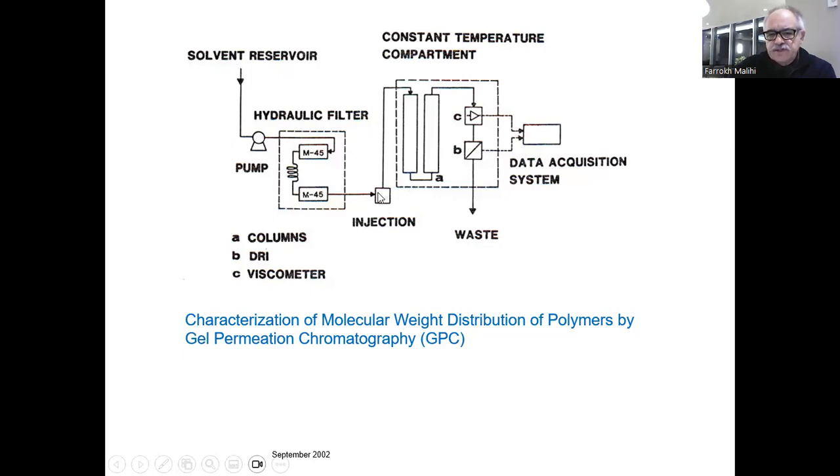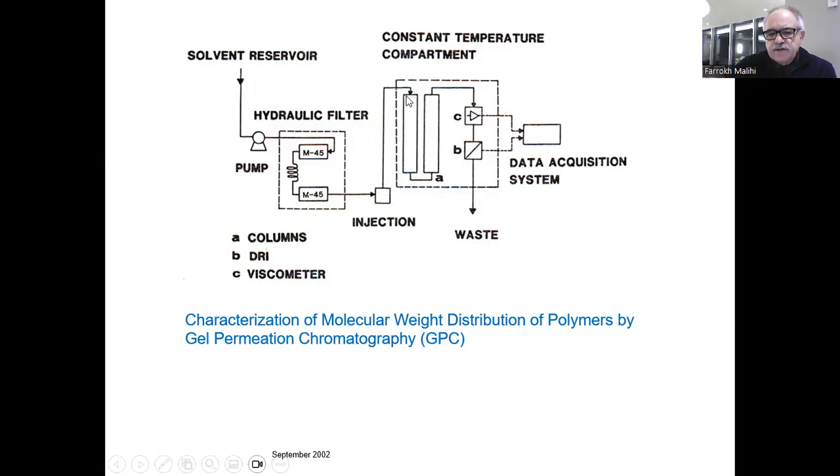There is an injection mechanism with which we can inject the sample to the column. Columns are packed with different kinds of packing materials, polystyrene, styrogel, and other packing material depending on range of molecular weight of that specific polymer.